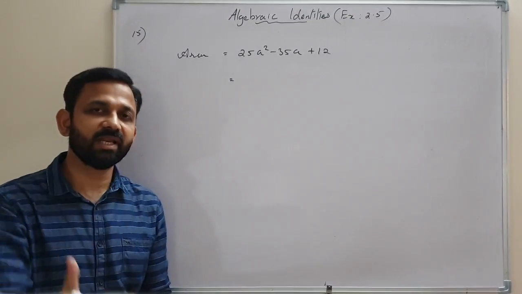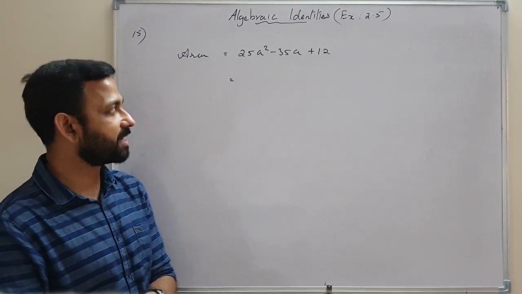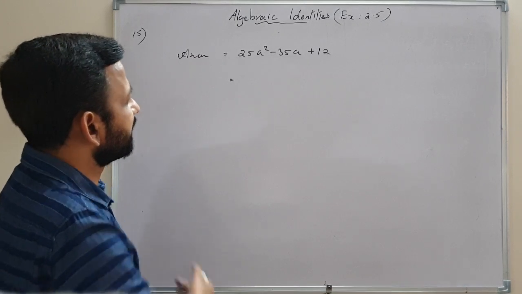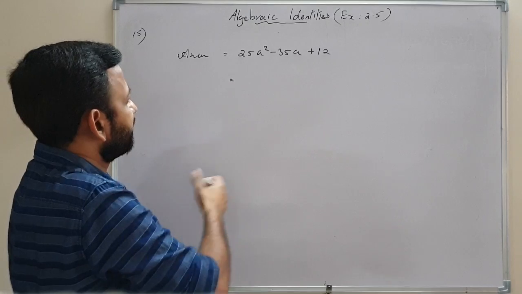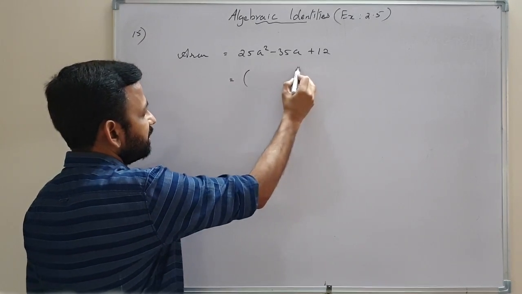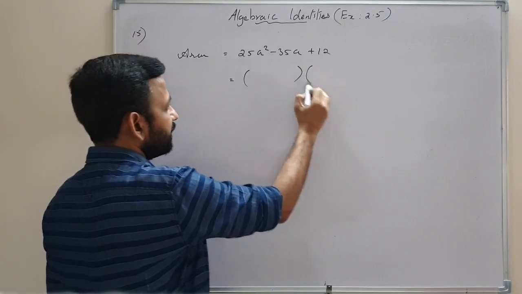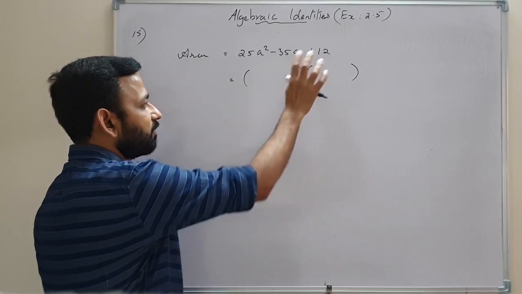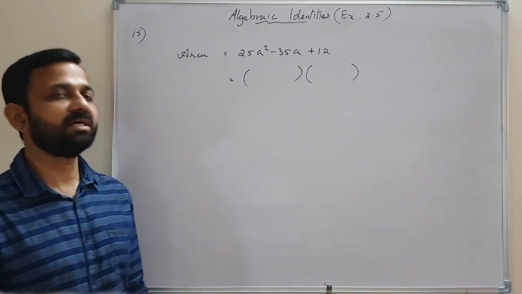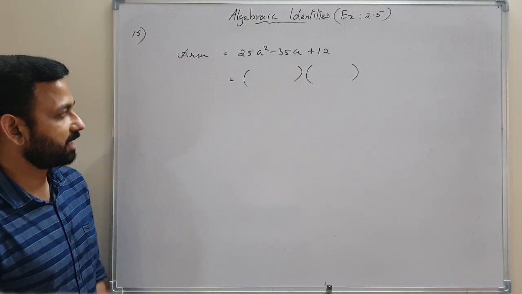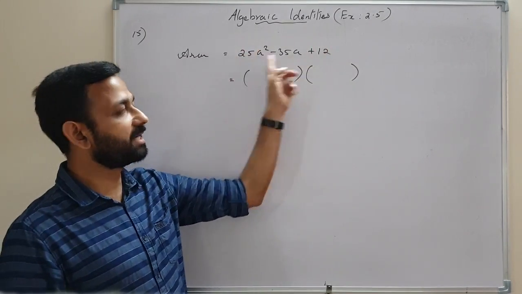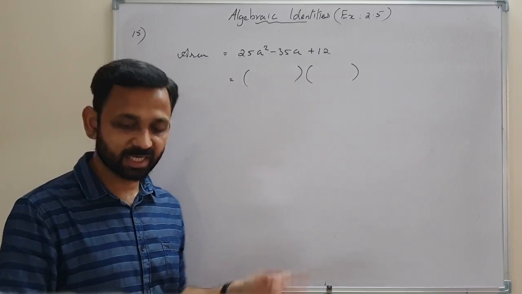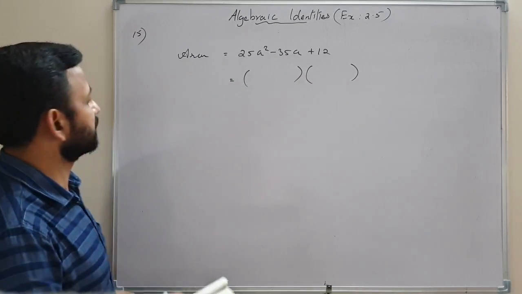One of them is the length and the other one is the breadth. Factorization by splitting the middle term we already learned, so by that method we can do this question.